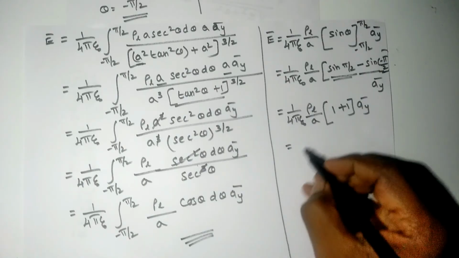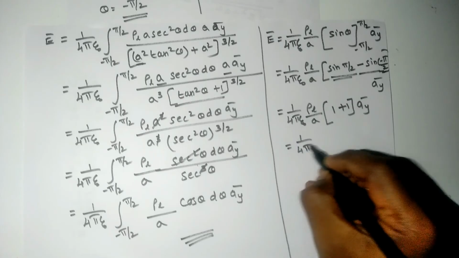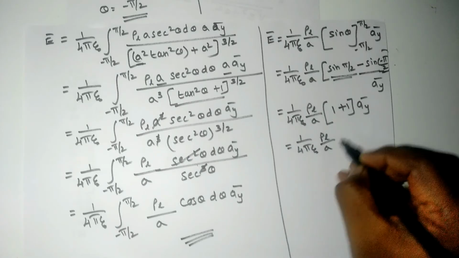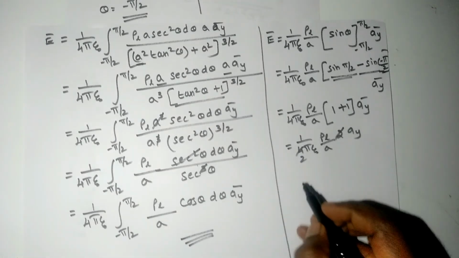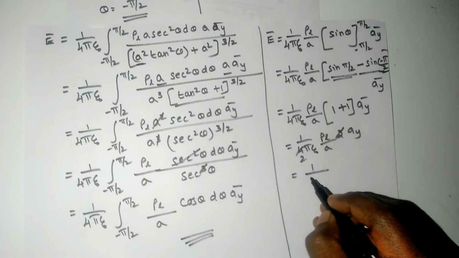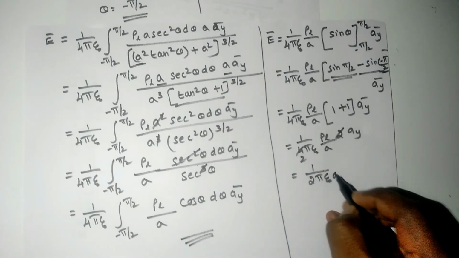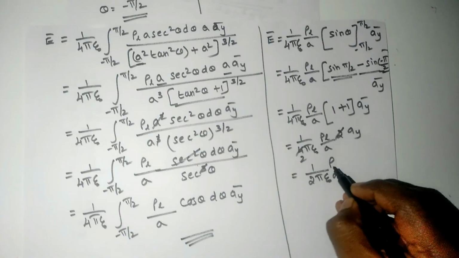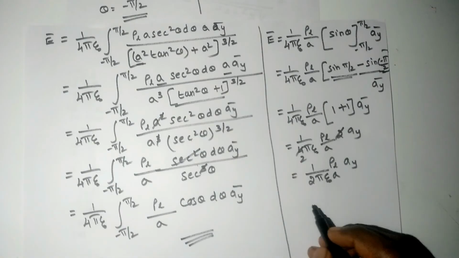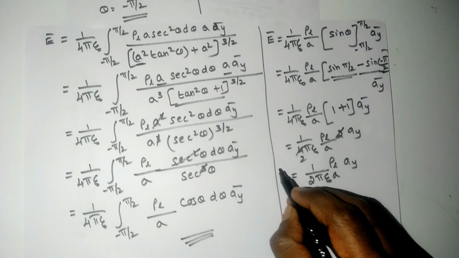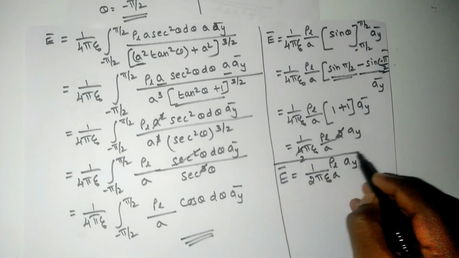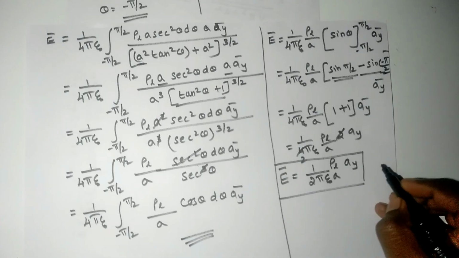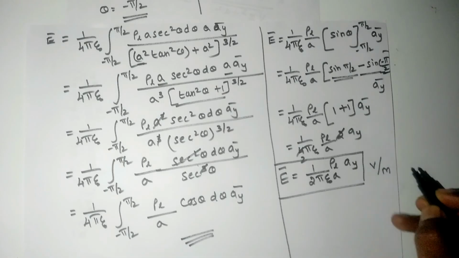So this will be equal to 1 by 4 pi epsilon 0 rho L by a into 2 a_y. Can cancel this and 2. This is equal to rho L a_y divided by 2 pi epsilon 0 a. So this will be the final expression for electric field intensity for an infinite line charge placed along Z axis. The unit for electric field intensity is volt per meter.